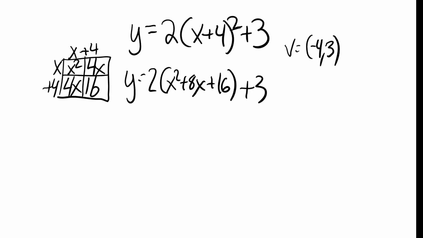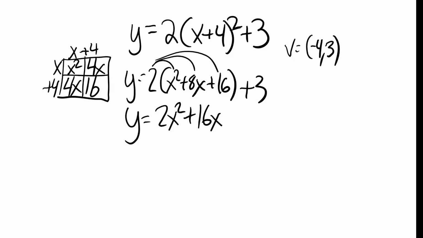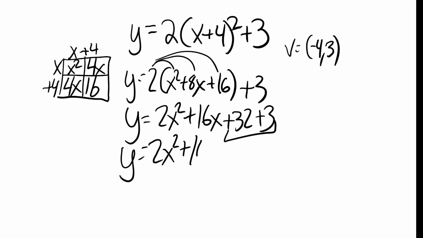Now I can distribute that 2 because there's no exponent left, so in order of operations, multiplication comes next before addition. And I get y equals 2x squared plus 16x plus 32 plus 3. Last step, I need the 32 and 3 to go together. So I get y equals 2x squared plus 16x plus 35.